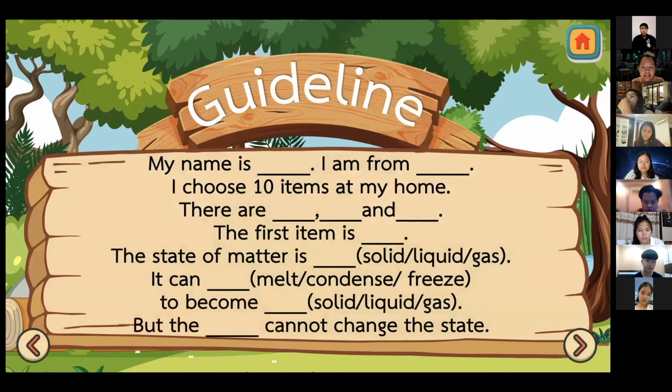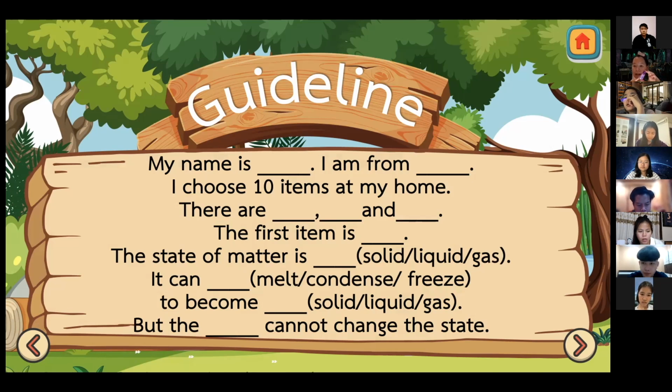This is the guideline you can use to create a video presentation. For example, my name is Teng Hai. I'm from Nakhon Phanom province, and I chose 10 items at my home. They are candy and pen. The first item is candy.